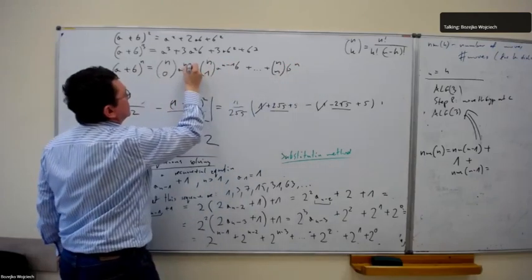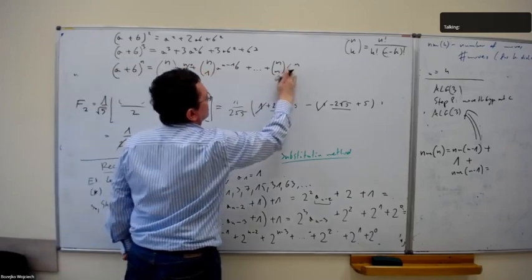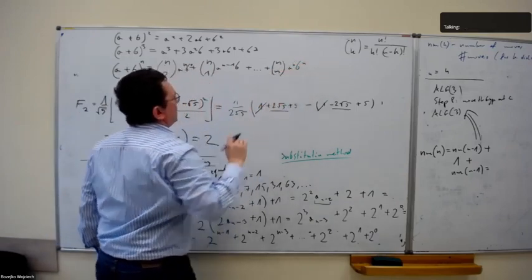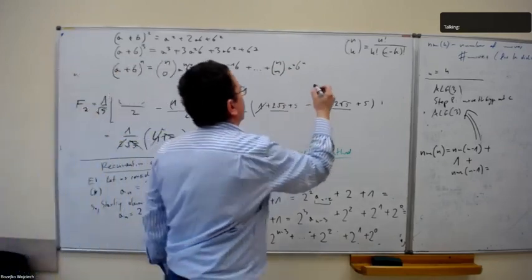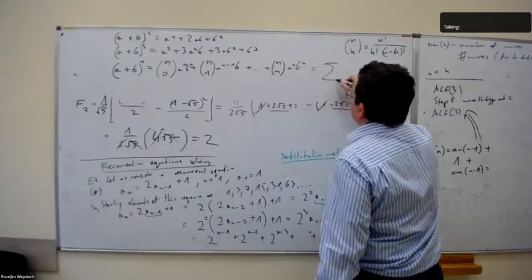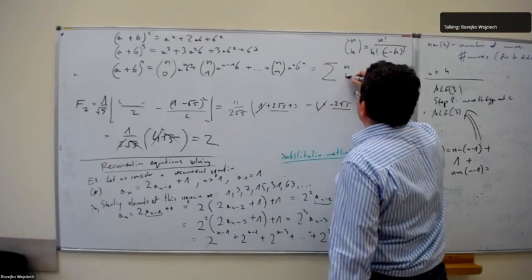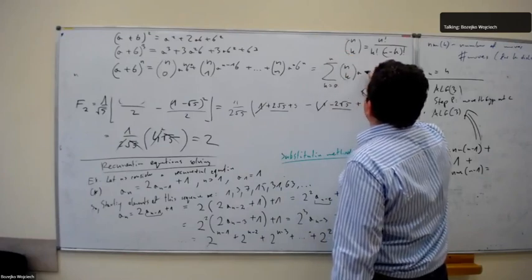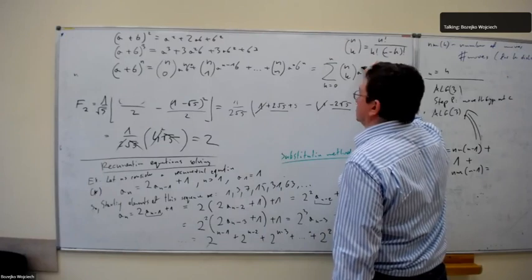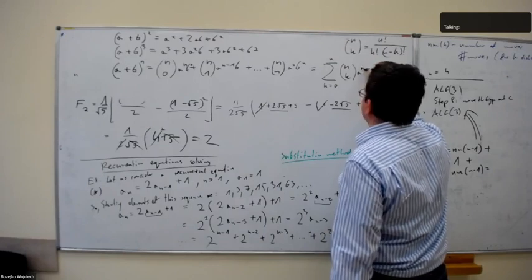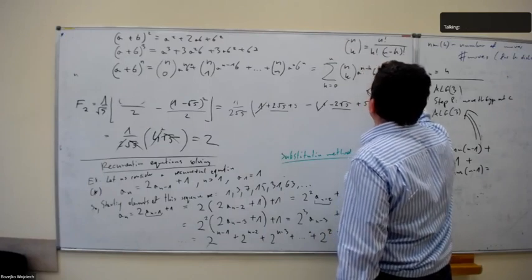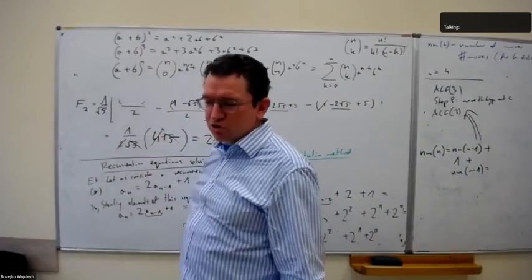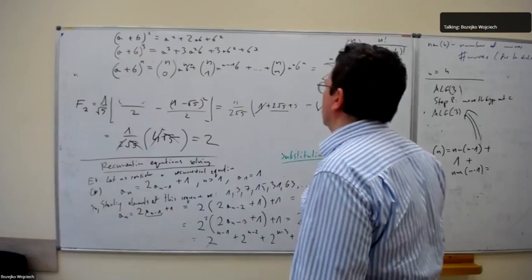This is a Newton symbol. The n choose k in general is n factorial divided by k factorial times n minus k factorial. Of course, we can write it in a very easy formula, just a sum of n choose k from k equals 0 to n, a to the power of n minus k, b to the power of k. Okay, so this is a general formulation for these shortened multiplication equations.